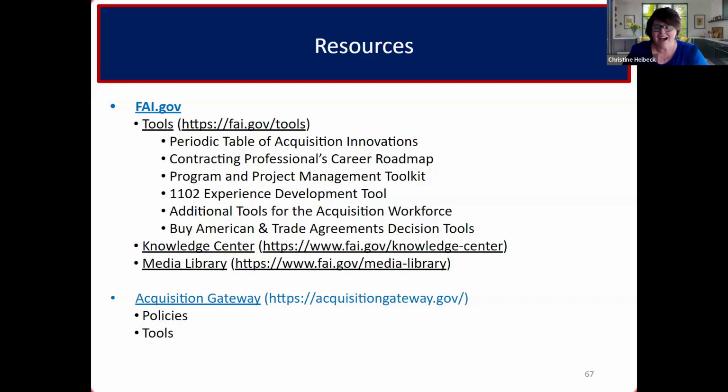It's not always easy; it probably seems like you're learning a foreign language sometimes, with the acronyms, the paperwork, and the systems involved. So there's a toolkit there. If you want to understand how to get a career in contracting, there's an 1102 experience development tool. There are also lots of executive orders and initiatives, and one of them, of course, is Buy America.